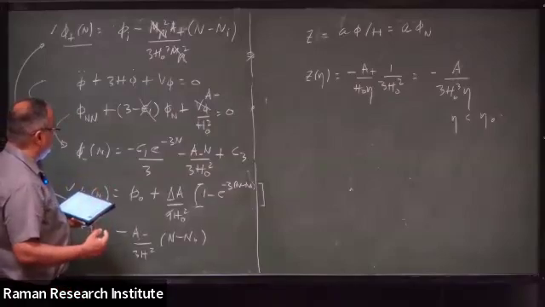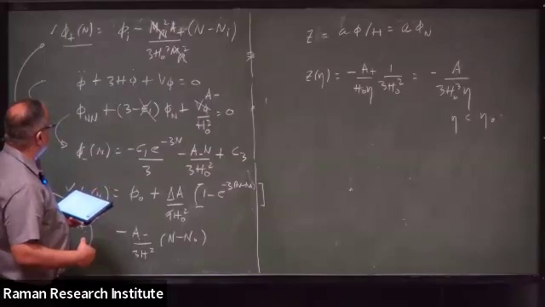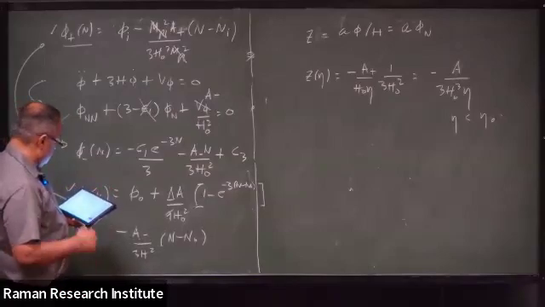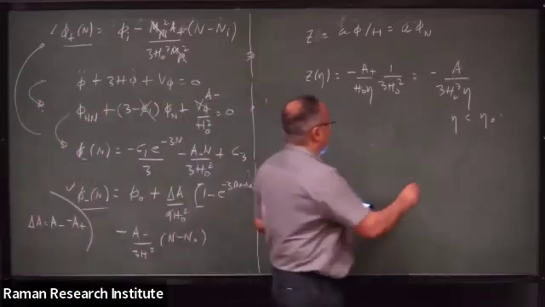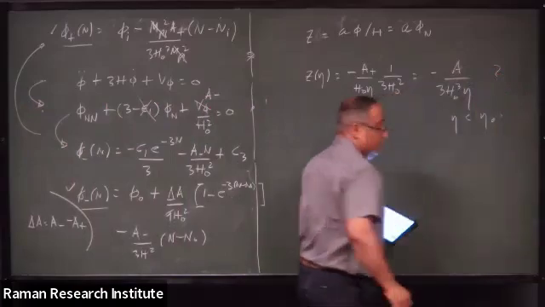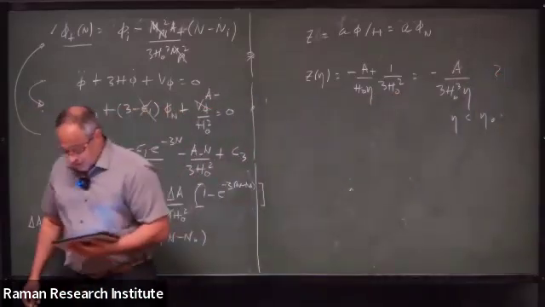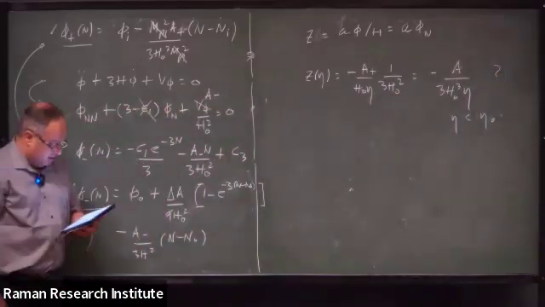Phi_n has to be negative, right? So that is negative. All right. I'm not able to completely justify the overall minus sign. a is minus 1 over H eta.